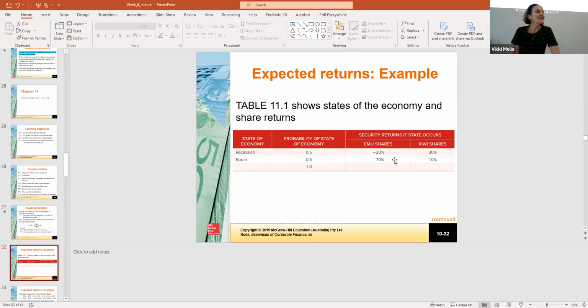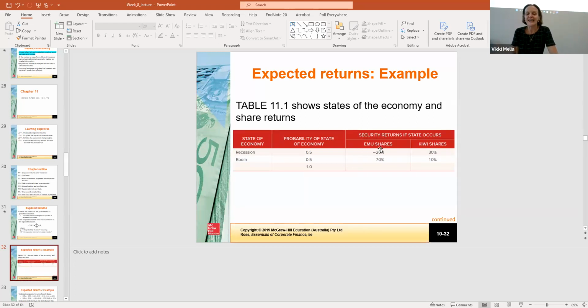And we have two assets that we're going to look at. The first asset is shares in a company called EMU. The second asset is shares in a company called Kiwi. For the shares in the company called EMU, we have to estimate the expected return in the two possible states for the economy.